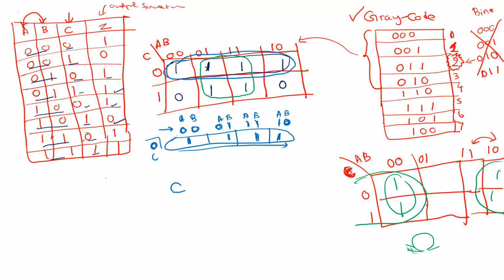Because here we have 0, right? But inside we have 1, right? If the outside value is 0, what do we have inside? We have 1. That means we have the inverted value in this circle, right? C is outside. Inverted C means C bar.